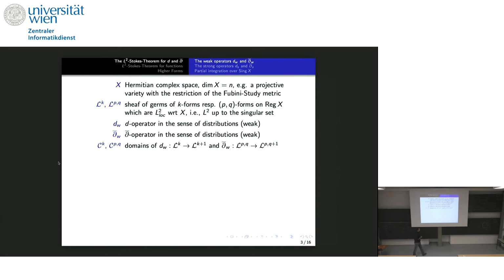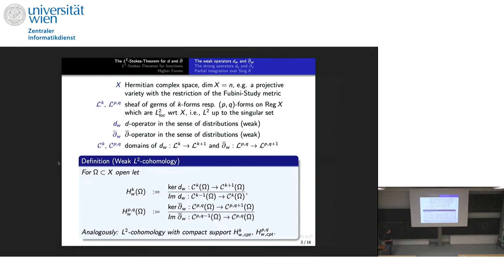This is what you want here, in order that these products make sense. You want to have the D bar of F in L2 as well. And later we will also consider formal adjoints or adjoints with this L2 property.